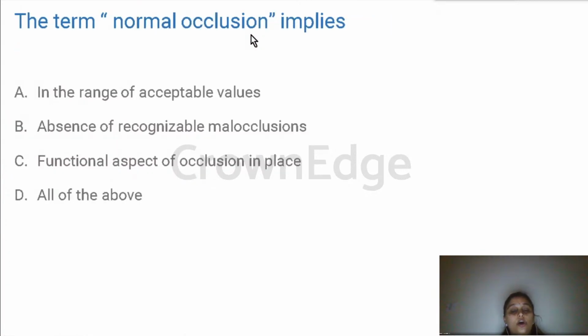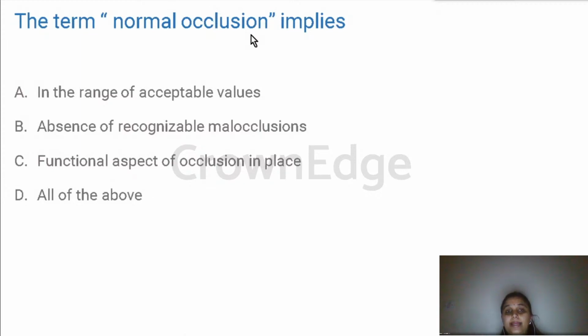The term normal occlusion implies, what does it imply when I say normal occlusion? In the range of acceptable values, absence of recognizable malocclusions, functional aspect of occlusion is in place. D, all of the above. What I mean by functional aspect of occlusion in place is that a basic idea of your occlusion is mastication, speech.